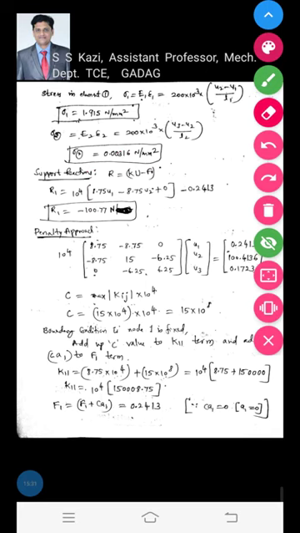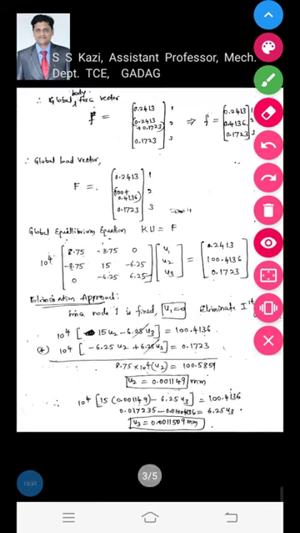Now since the support is provided at node 1, the reaction force exists at node 1 only. R1 you calculate by considering the first equation of the global equilibrium equation, that is this one. First equation you use: 8.75 U1 minus 8.75 U2 plus 0 minus 0.2413.